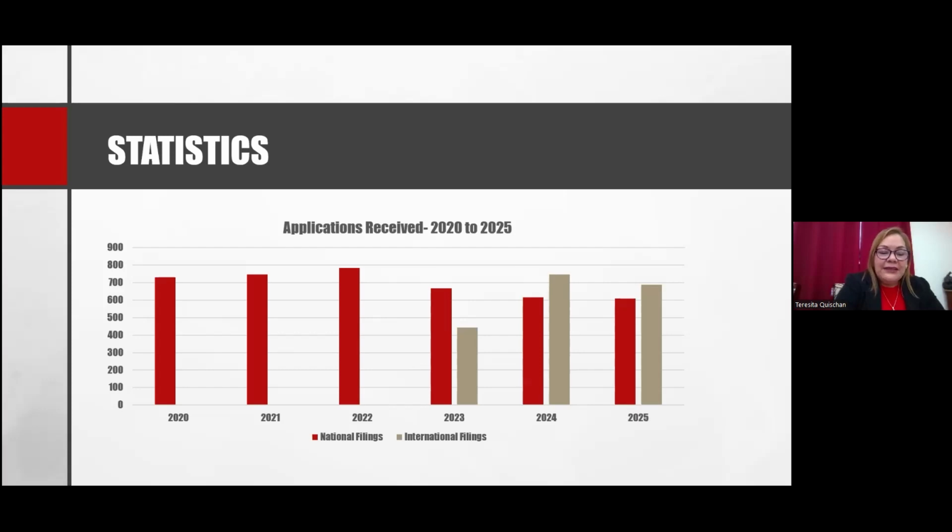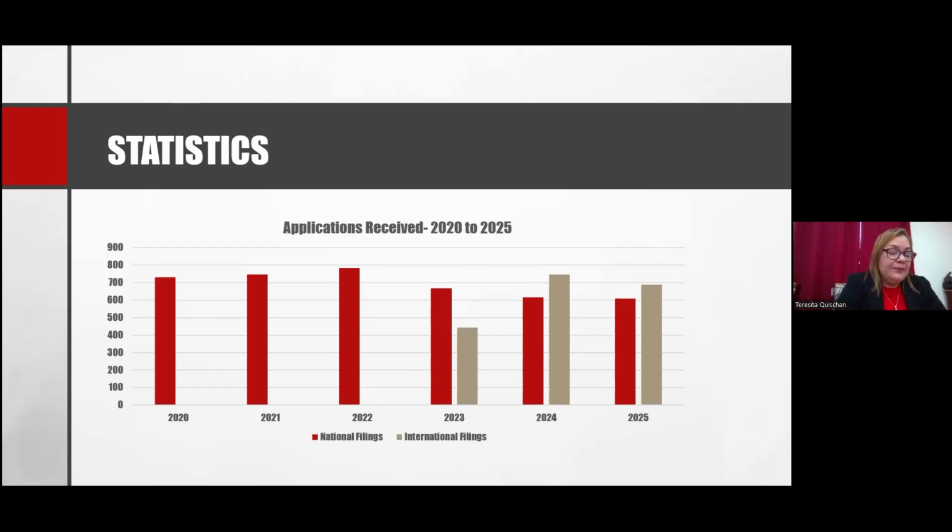From 2020 to 2022, all applications were national filings, with 729 in 2020, 747 in 2021, and a peak of 784 in 2022.